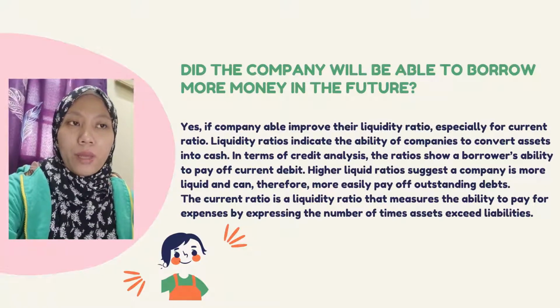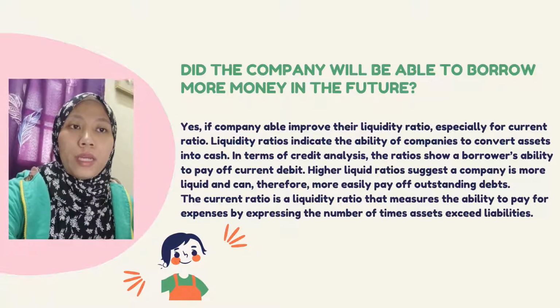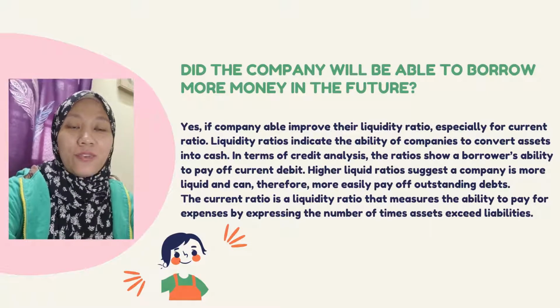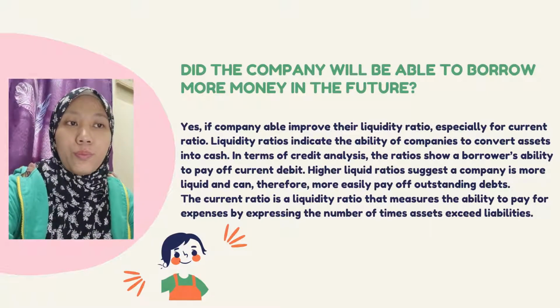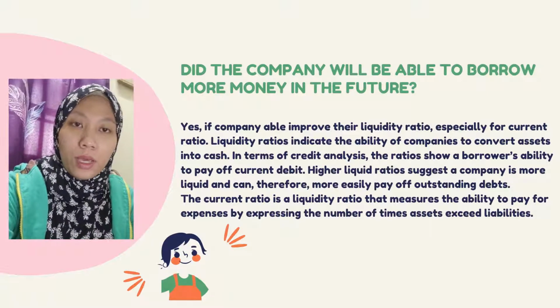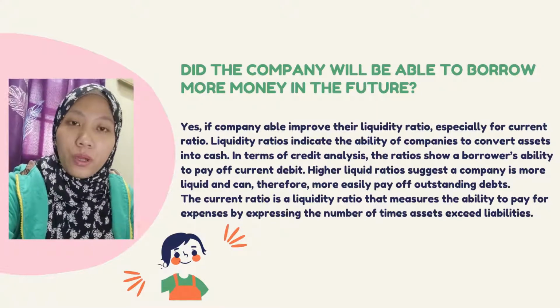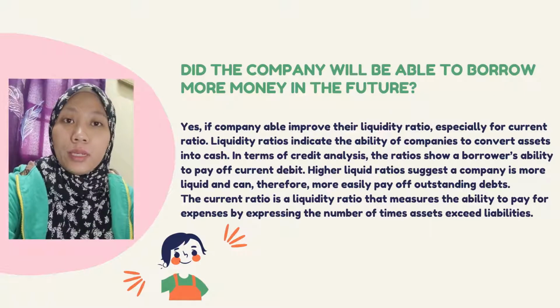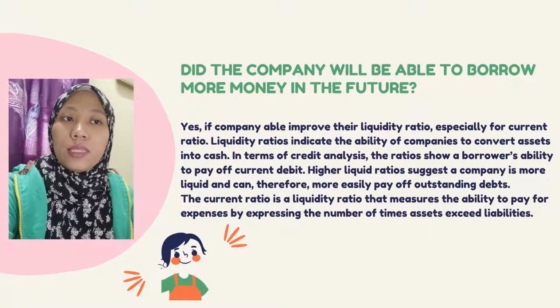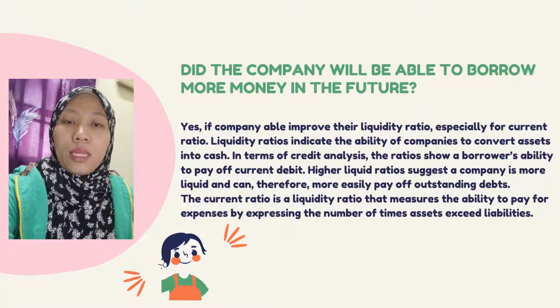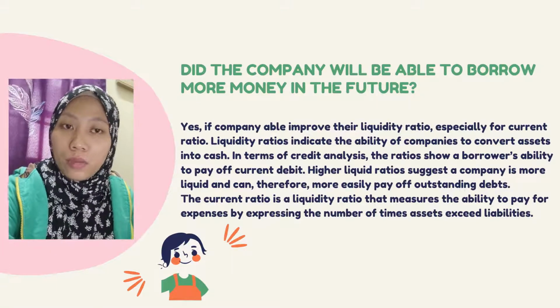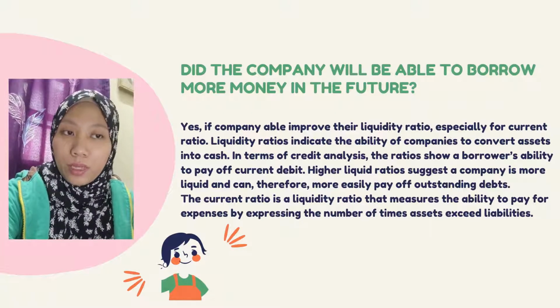Will the company be able to borrow more money in the future? So the answer is yes, if the company is able to improve their liquidity ratio, especially the current ratio. Liquidity ratio indicates the ability of companies to convert asset into cash. In terms of credit analysis, the ratios show the borrower's ability to pay off current debt.